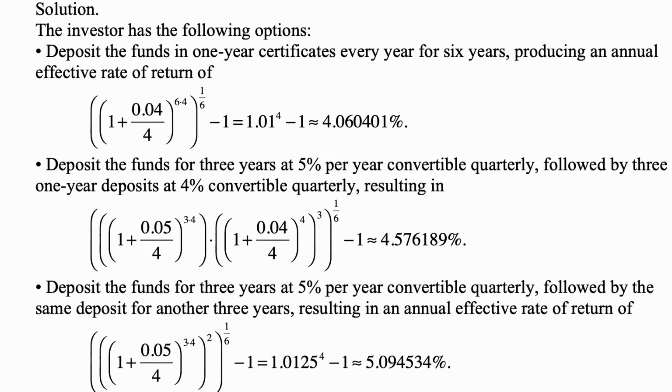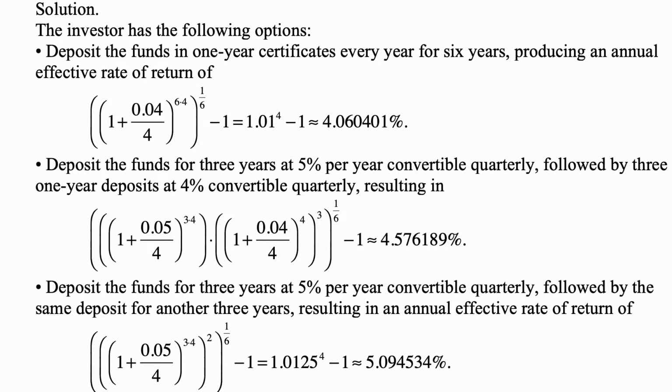The second alternative is to deposit the funds for 3 years at 5% per year convertible quarterly, followed by 3 one-year deposits at 4% convertible quarterly, resulting in 1 plus 0.05, the nominal annual interest rate, divided by 4 to the power of 3 for 3 years, times 4 for 4 quarters in a year, times the annual rate, which is 1 plus 0.04 over 4 to the 4th, and that's over 3 years.